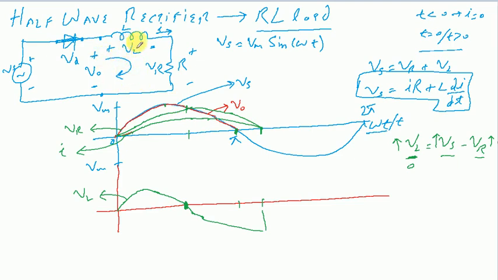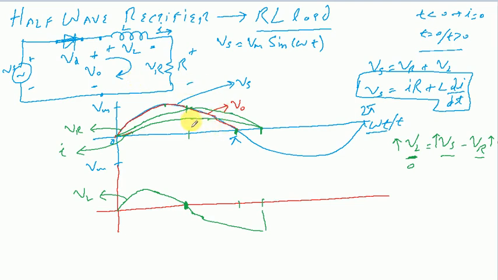That is because the inductor current does not allow the current to instantaneously become equal to 0. The inductor had acquired some energy, and it needs some time for that energy to be released.